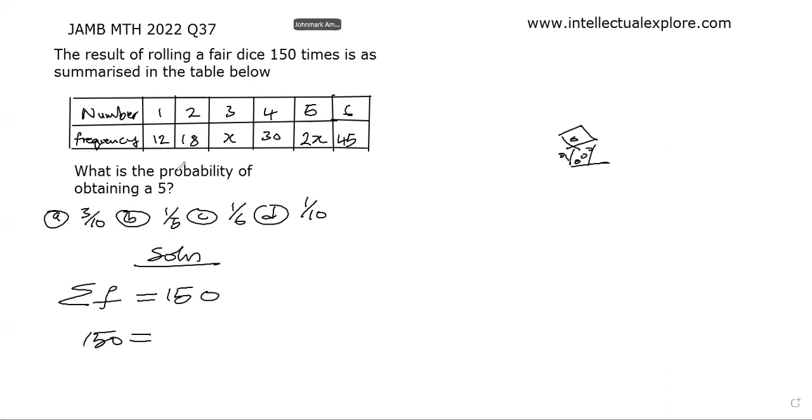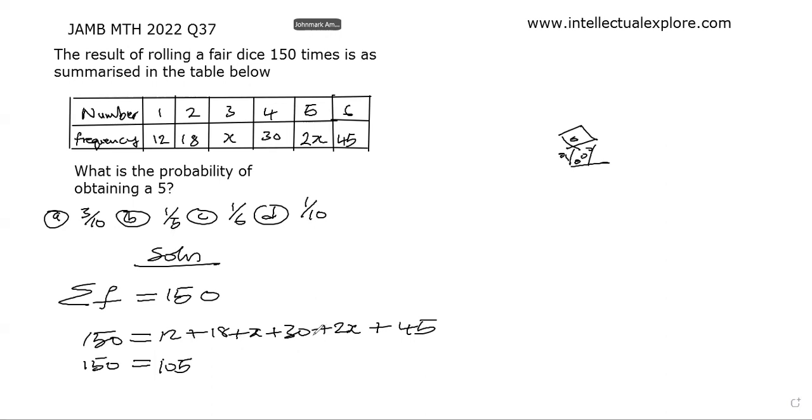150 equals the sum of all these: 12 plus 18 plus X plus 30 plus 2X plus 45. So 150 equals 12 plus 18, that gives us 30, plus another 30, that's 60, plus 45, that's 105.